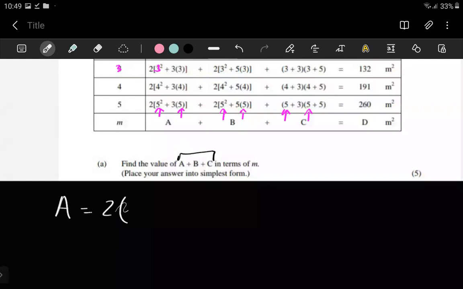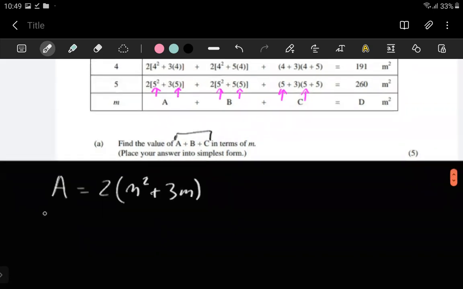So here it's 2, and where there's 5 there, we can put an M. This is 3 times M. So that's for A. We can try and simplify it, obviously. This is going to be 2m squared plus 3m.